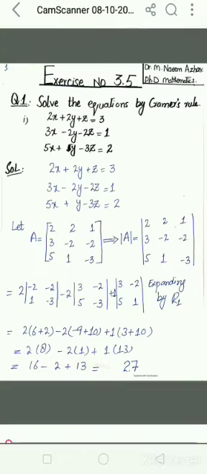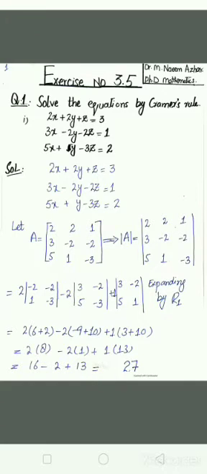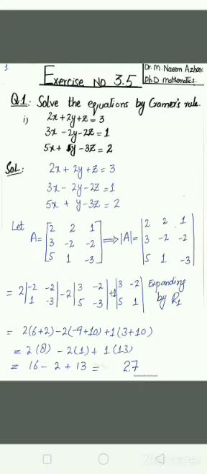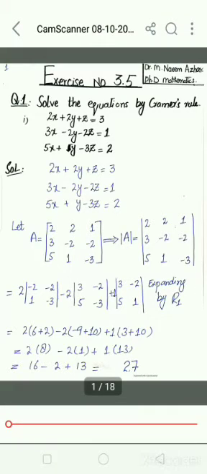We expand this determinant by using row 1. Expanding by R1, we will get plus 2 outside the determinant, and we delete row 1 and column 1. We will get minus 2, minus 2, 1, minus 3. Then the second element of the first row will come outside with a minus sign, that is minus 2, and this element is in first row and second column.